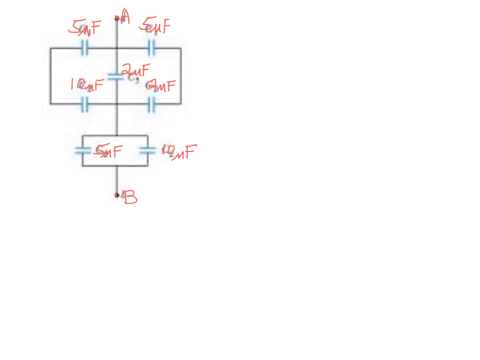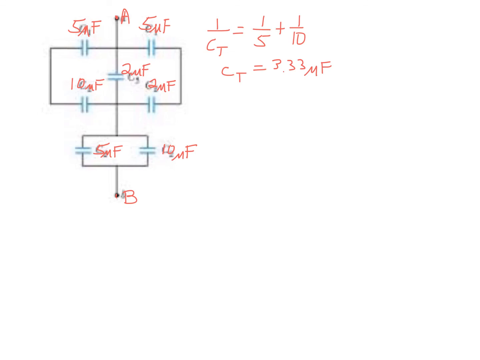But let's calculate the 5 and the 10 on the top left. In other words, 1 over C total equals 1 over 5 plus 1 over 10. Doing the math there, C total turns out to be 3.33 microfarads.